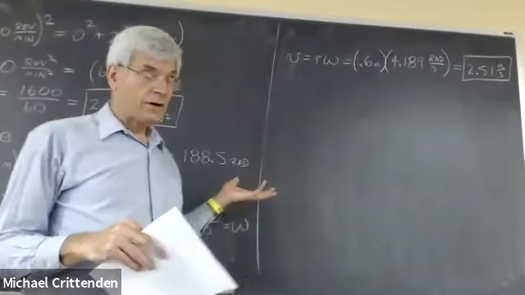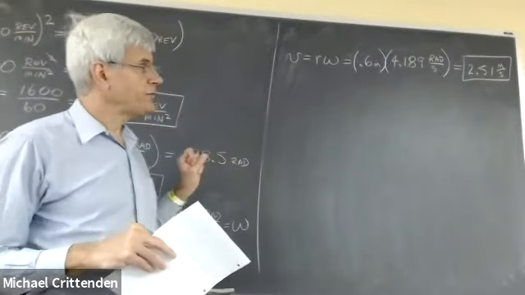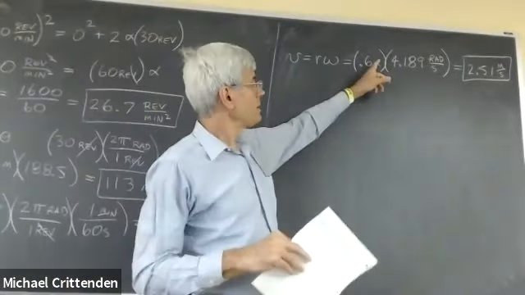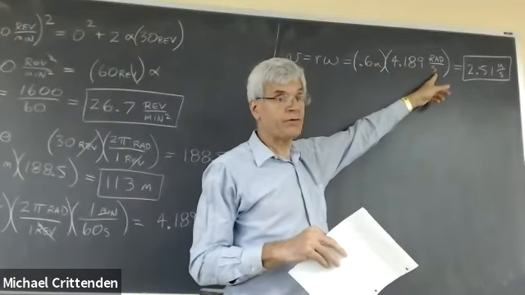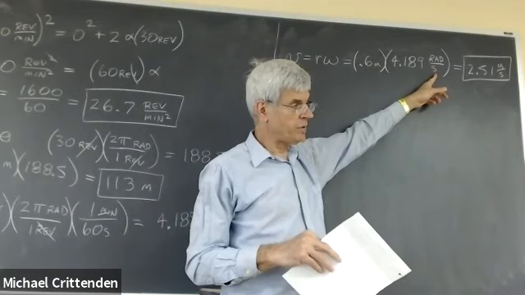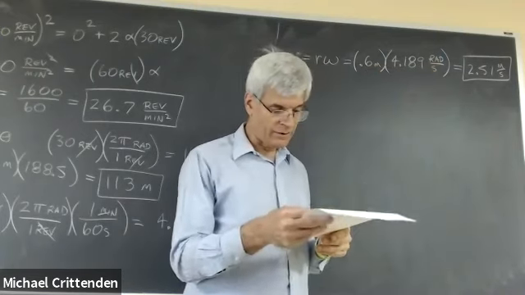And once again, as far as how the units work, a radian is not really a unit, it's just a dimensionless ratio. You've got meters here, you've got per second there. Put them together, meters per second, 2.51 of them.